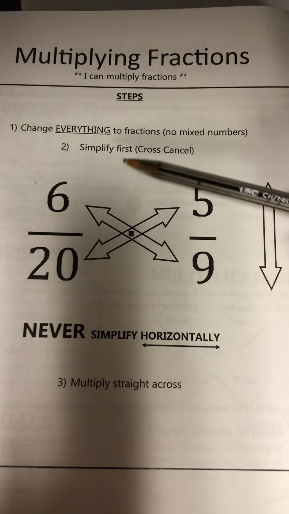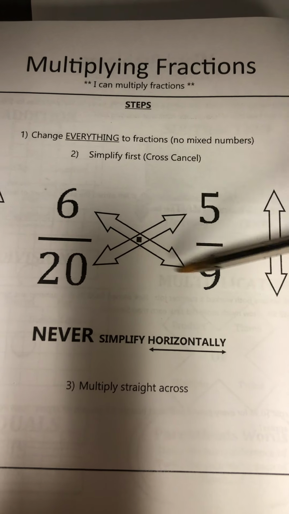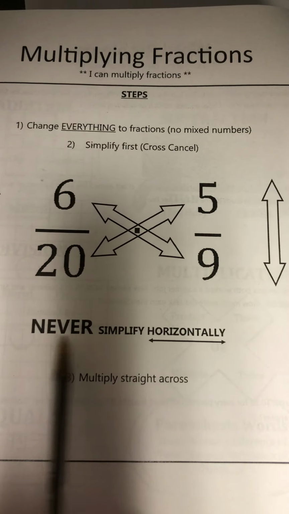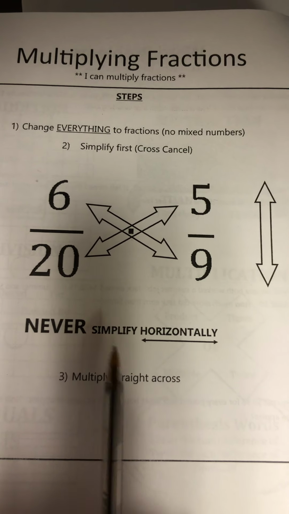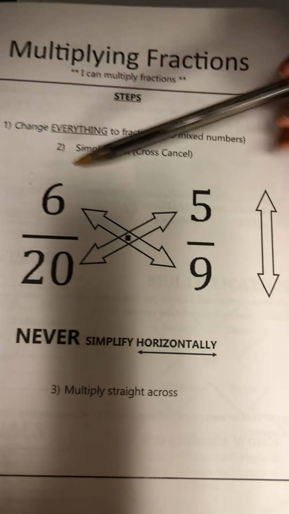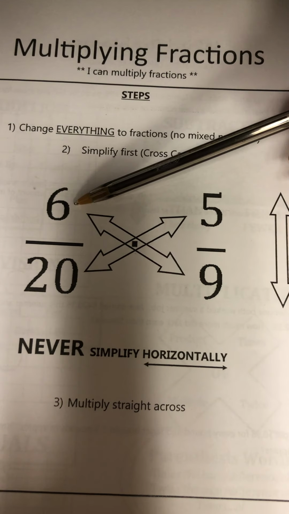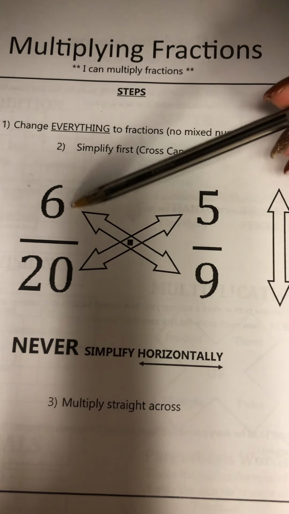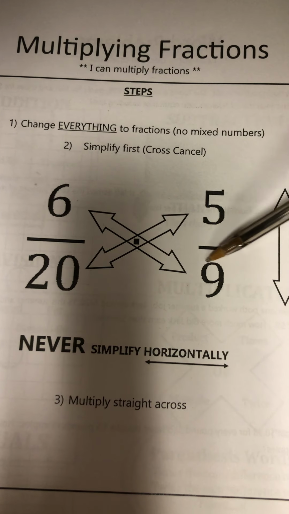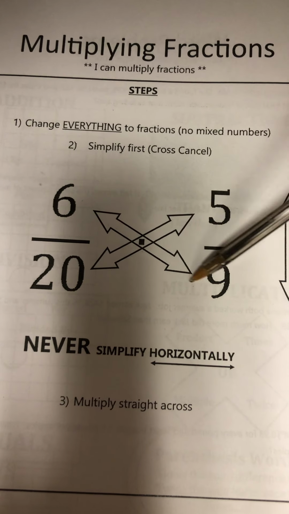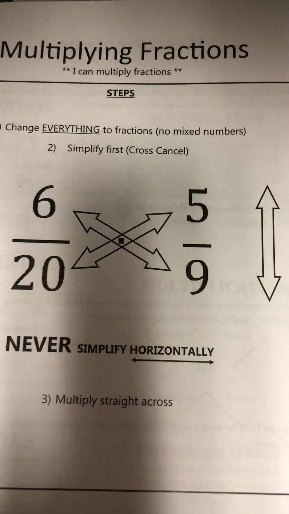So now my next step is to simplify first, cross-cancel. And in big, bold writing here, you see that we never simplify horizontally. So that's why you see the arrows going back and forth. So I'm going to look at my numerator 6 and then my denominator of 9. And this is the way I'm cross-canceling.